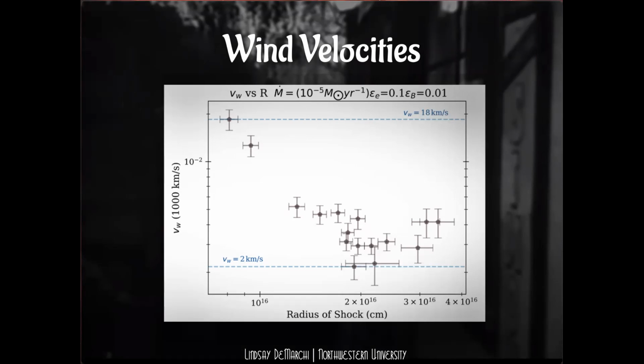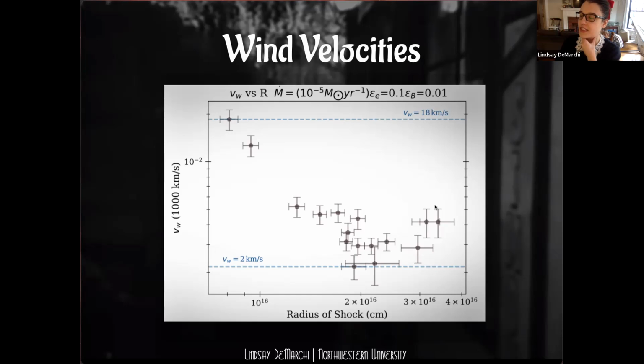And here it tells a story of early times in the star's life having one velocity, and at late times in the star having a faster velocity that caught up to the slower wind. So what you actually get in that situation is a sculpting. You're creating a traffic jam in the CSM of faster wind that caught up to slower wind.